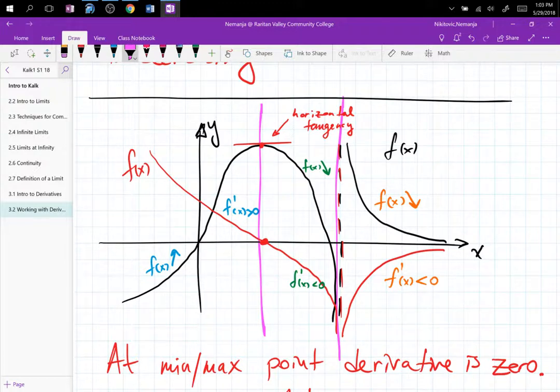Derivative will always be positive there. And then you have another one between the two pink lines. That's the decreasing, and after the pink lines, again, function is decreasing, and the derivative is negative.